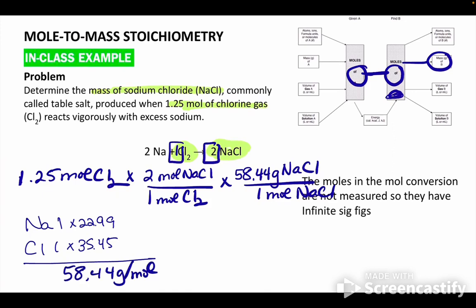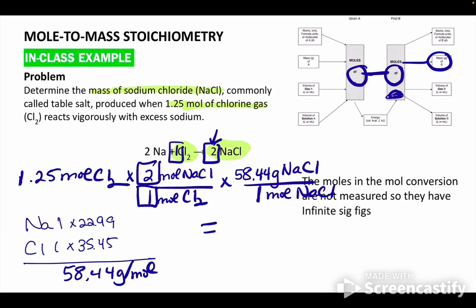So notice I did not multiply this by the 2. I'm already using the 2 right here. So when I do molar mass, it's still always for 1 mole. So then when I calculate this, I'm going to get, whoops, I just got an error.